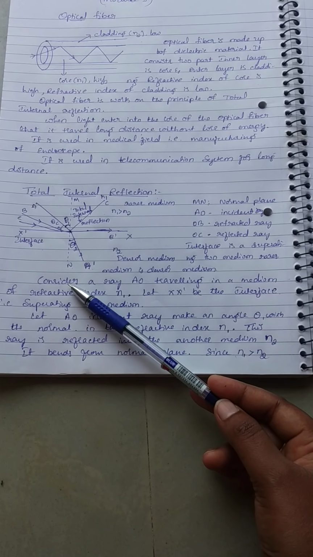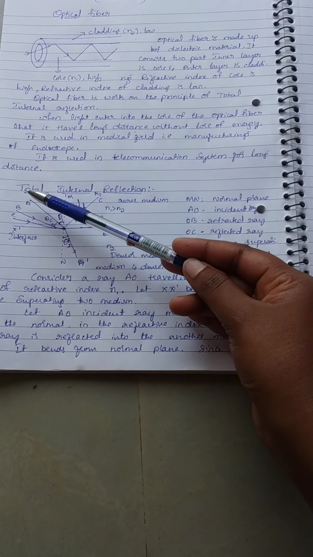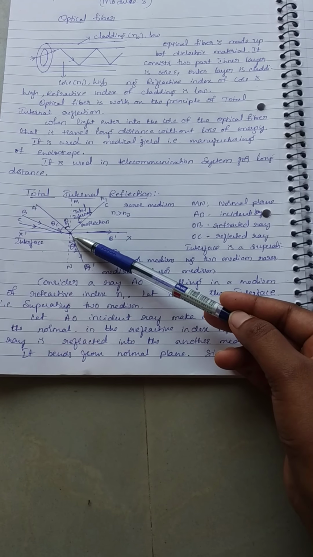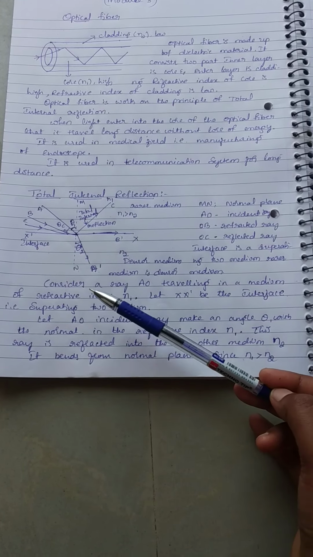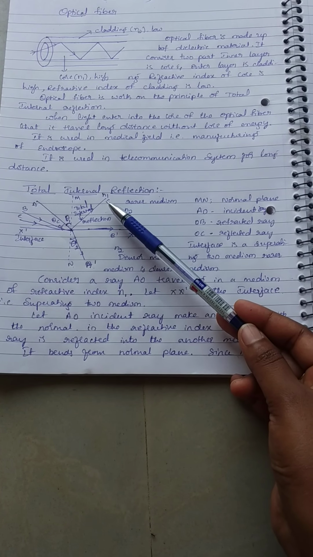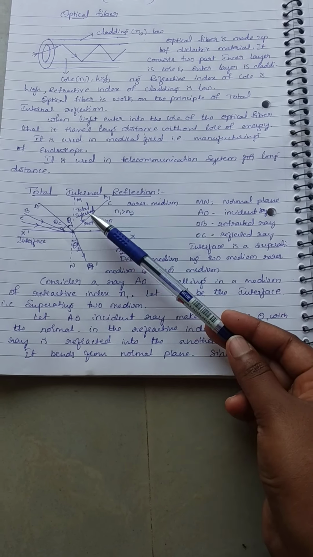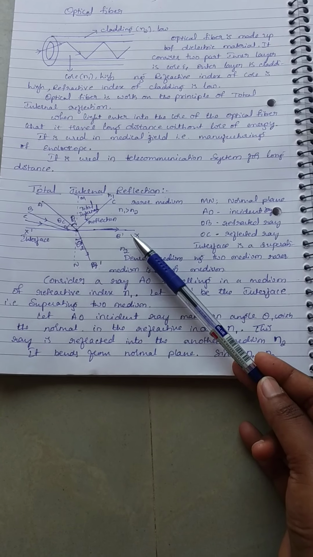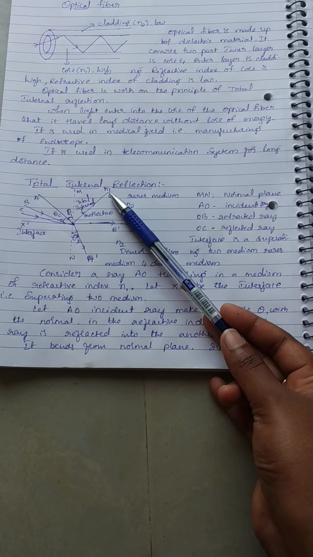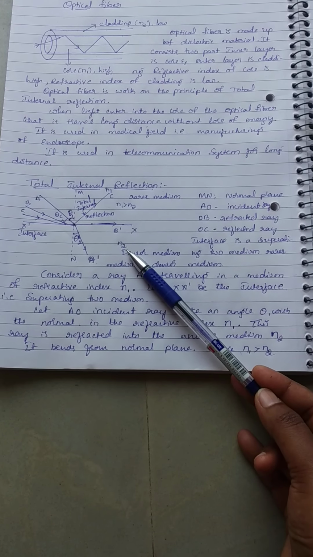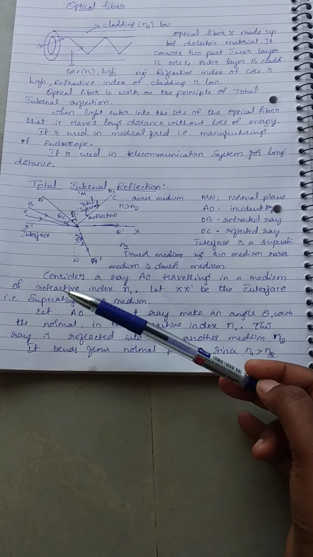Here consider the AO ray. The AO ray is an incident ray traveling in a medium of refractive index n1. Then XX dash is separating two media, with refractive indices n1 and n2.